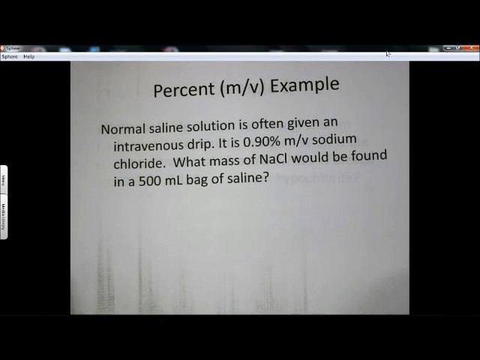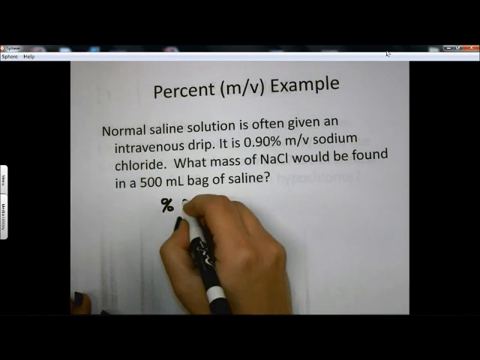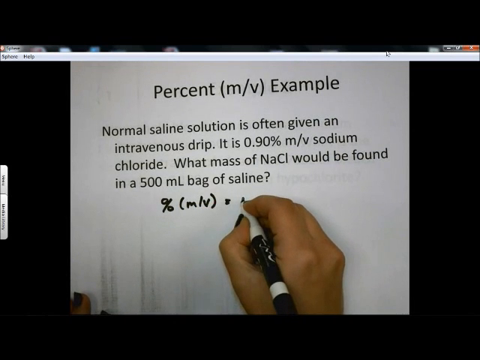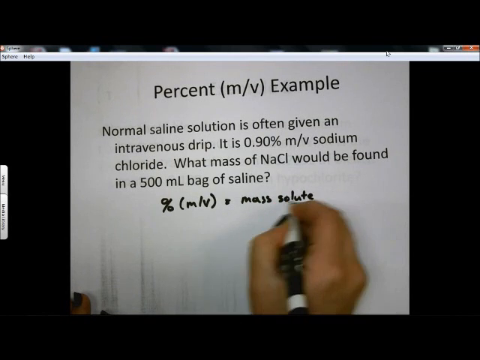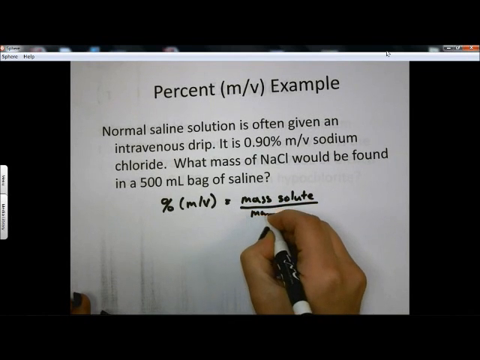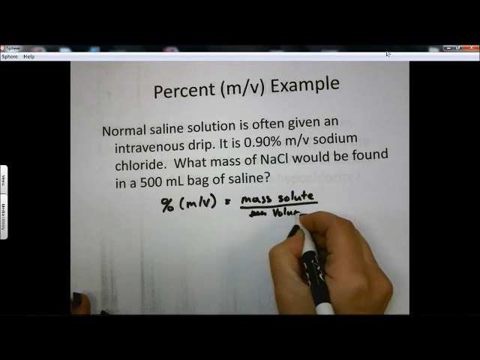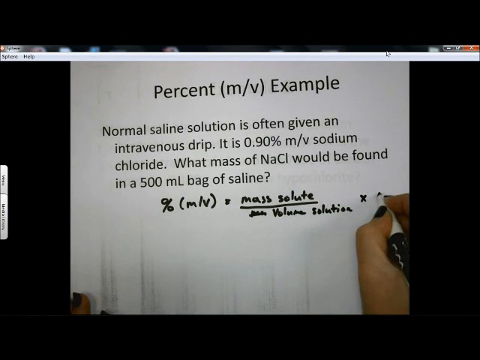Alright, well let's figure this out. So, if I write my formula, I know that my percent, and I like short forms, mass volume is equal to mass of solute over volume of solution times by 100%.